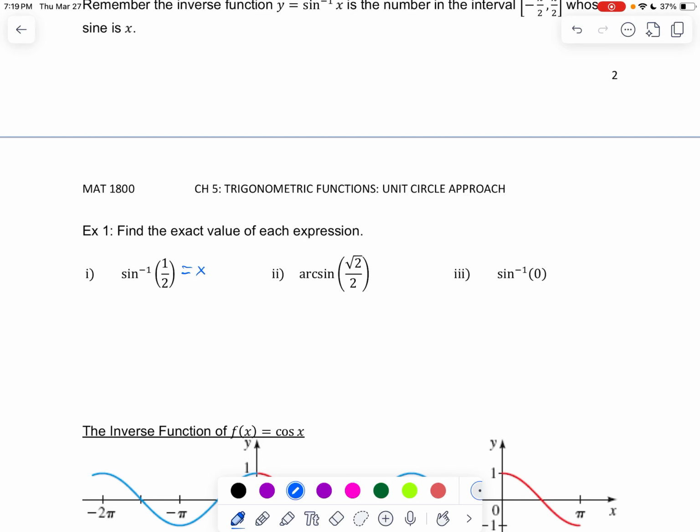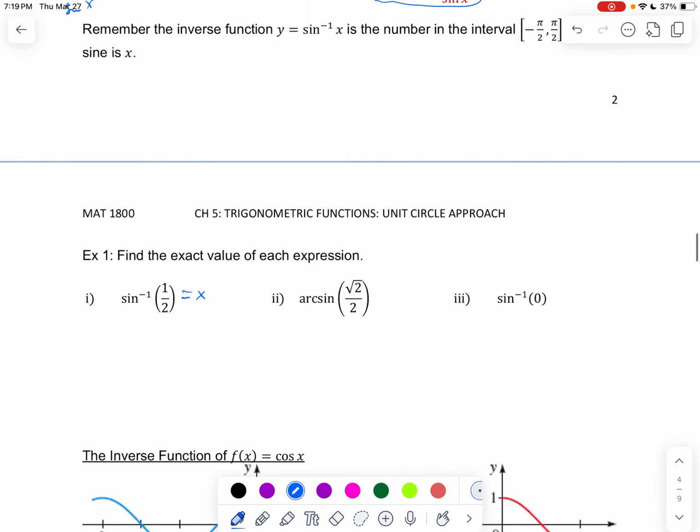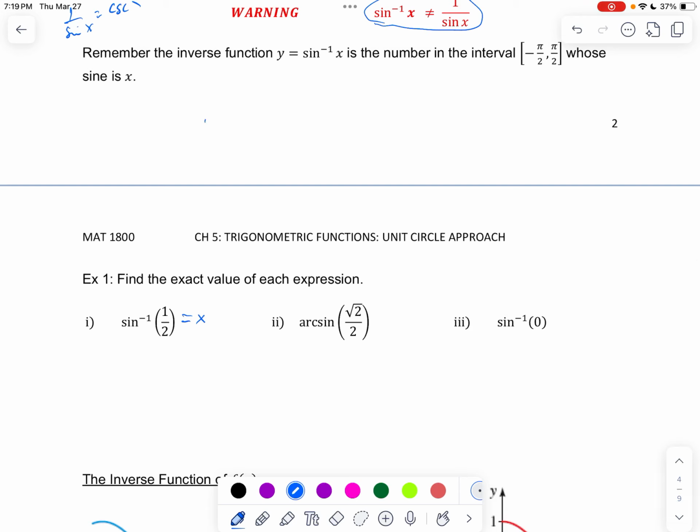Then by definition, remember we had a definition that y is equal to sine inverse x if and only if sine of y equals x. So sine inverse of 1/2 is equal to x means sine of x equals 1/2.